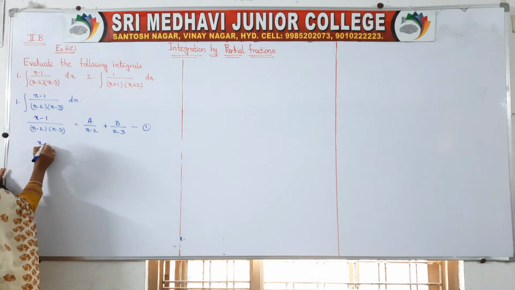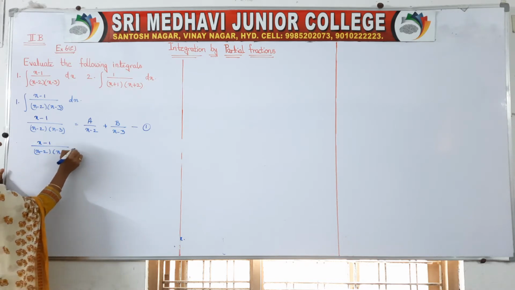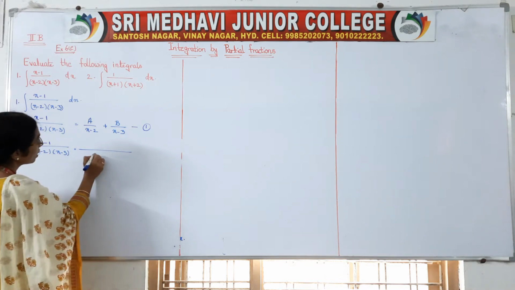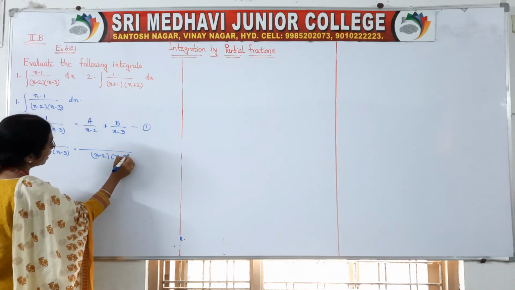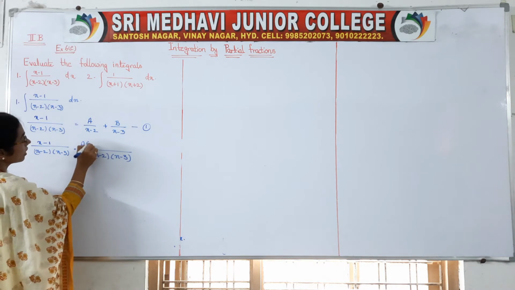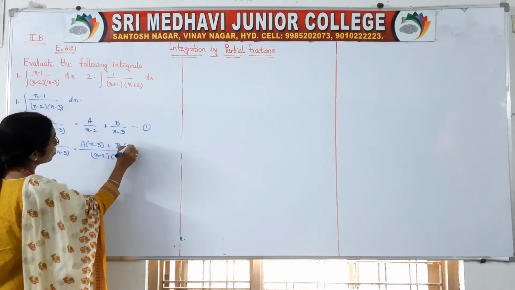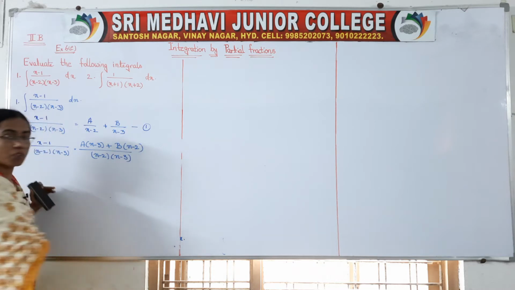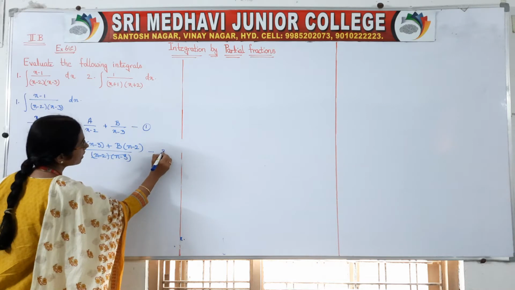So we can write x minus 1 by (x minus 2)(x minus 3) is equal to, come on, we can write (x minus 2)(x minus 3) as A into (x minus 3) plus B into (x minus 2). Okay, so this side both will get cancelled.